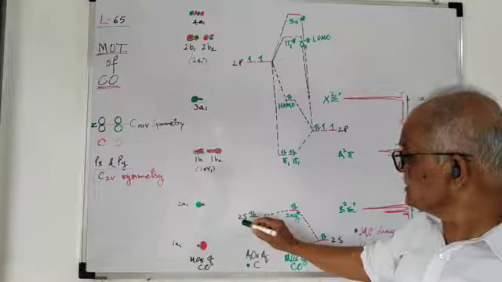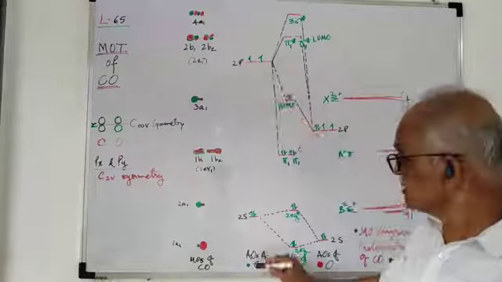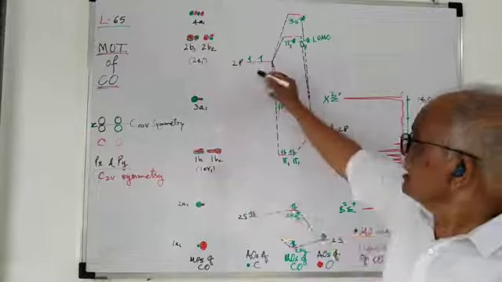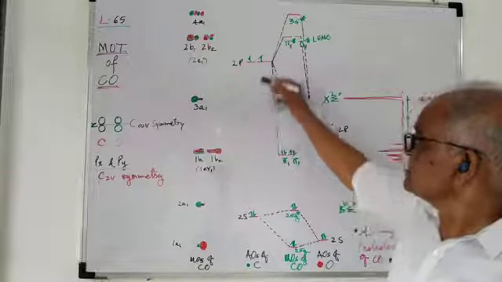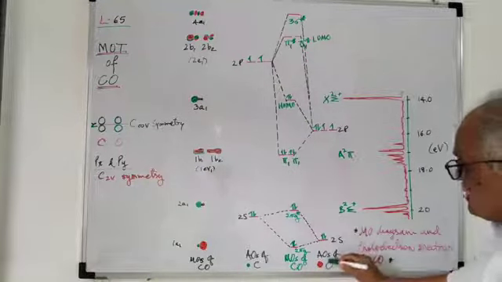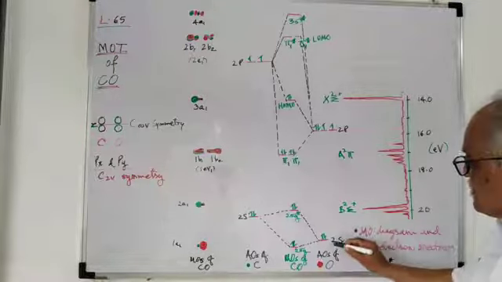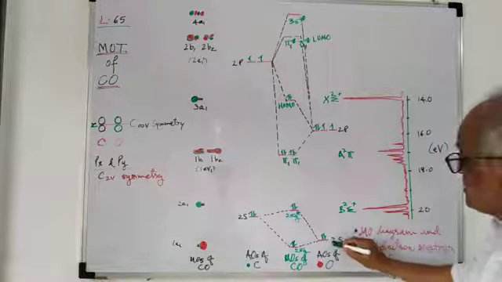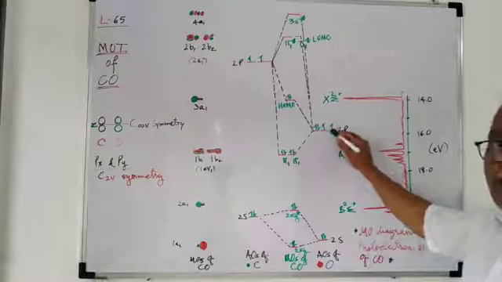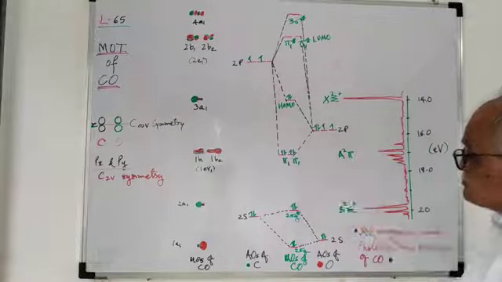So we are considering here 2s and 2p for carbon. They have such a large difference. Similarly, you will see the atomic orbitals shown here for the oxygen atom. This is the 2s and 2p orbitals of oxygen.